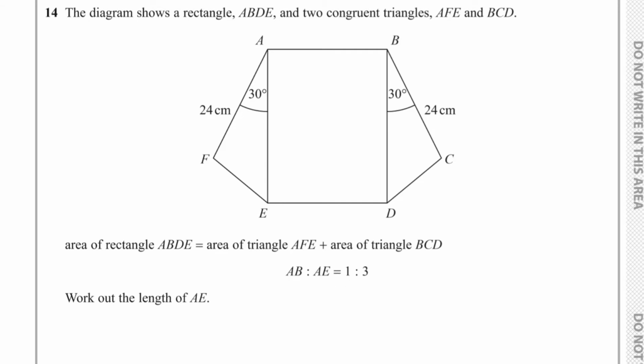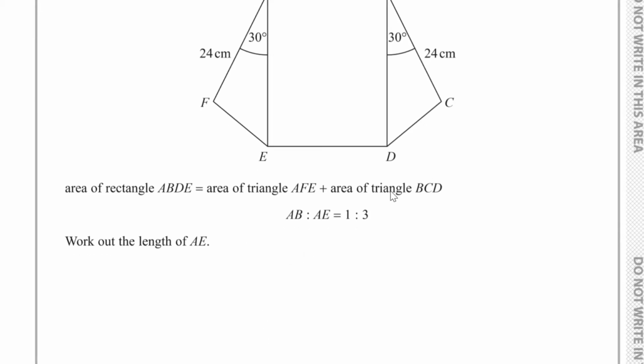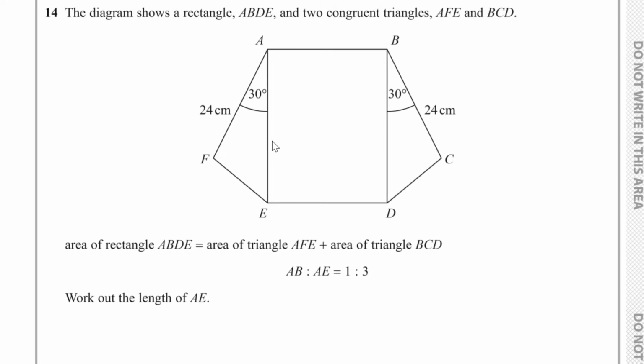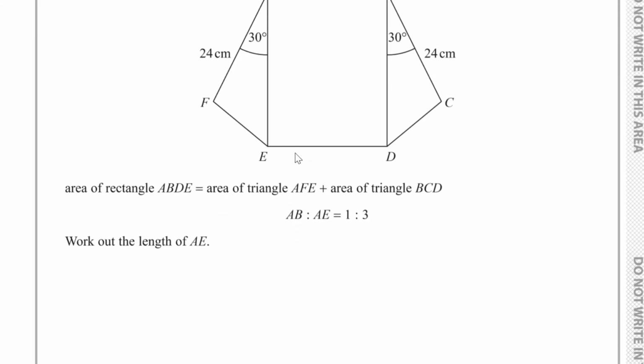Okay, so to work out the length AE, we can first of all use this ratio here. If AB to AE is equal to 1 to 3, we're working out AE, so let's just call this length x. Okay, well before we do that actually, let's use this ratio here. From here we can see that AB over AE is equal to 1/3.